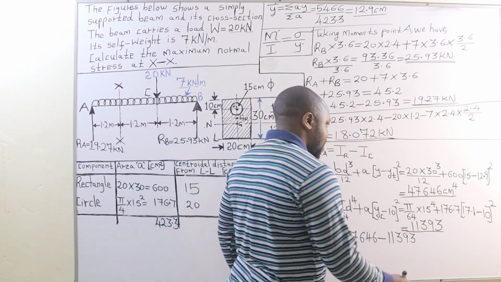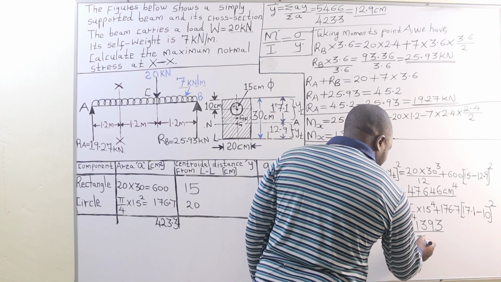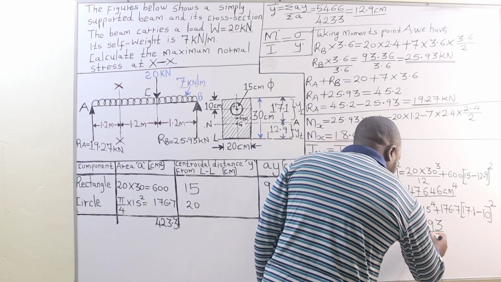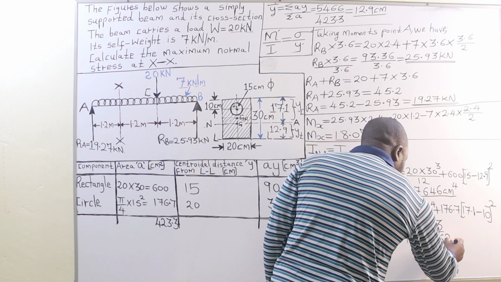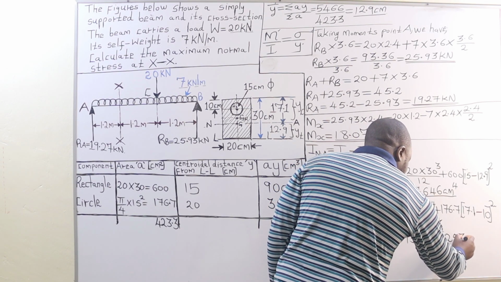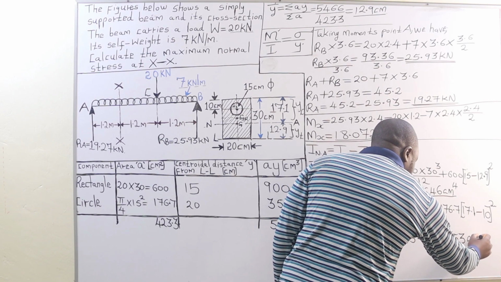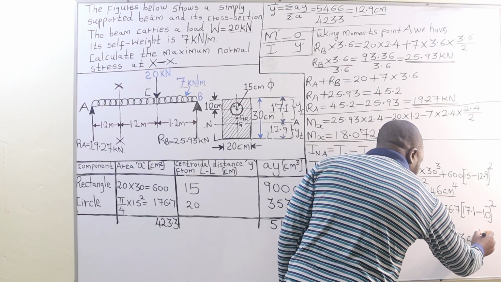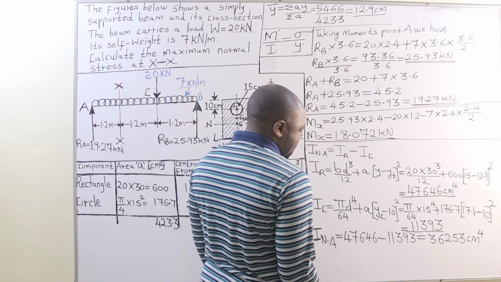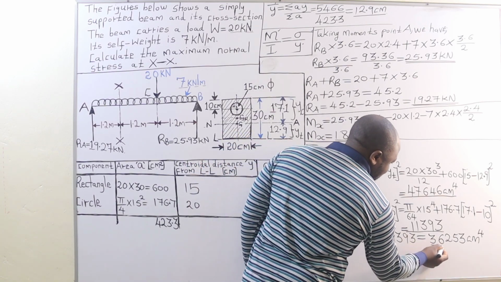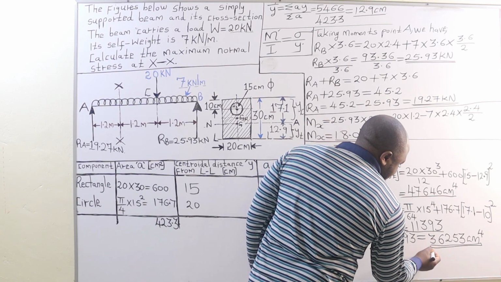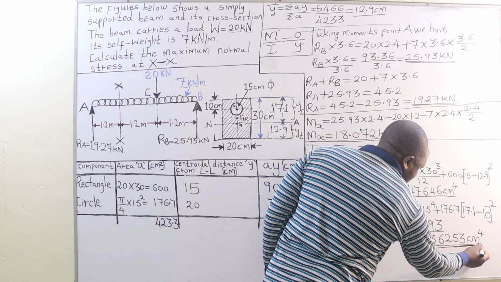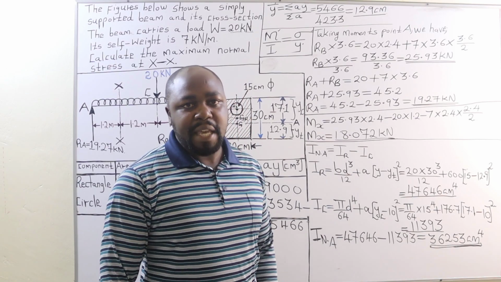So when we find the difference between the two, that is going to be 36,253 centimeters raised to the power of 4. Therefore, that is the moment of inertia of this cross section of our beam.